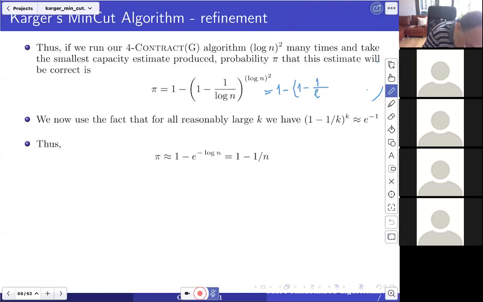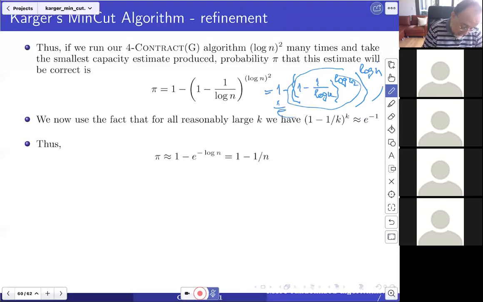So when n grows, log n also grows, so the inside converges to 1 over e. So this probability is 1 minus e to the power minus log n, or 1 minus 1 over e to the log n, which ends up as 1 minus 1 over n.